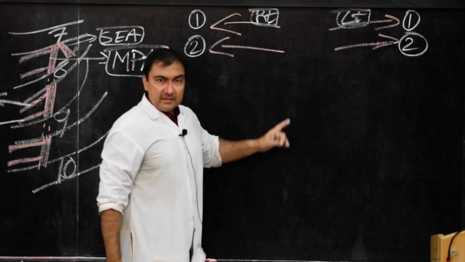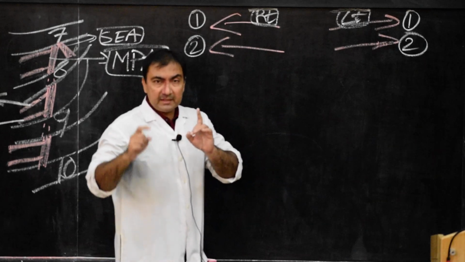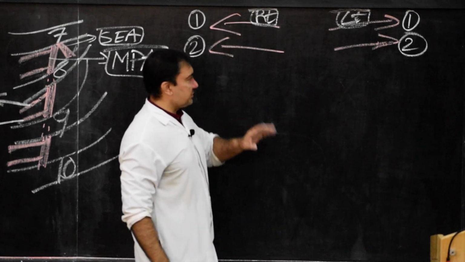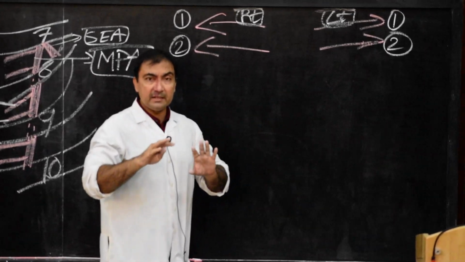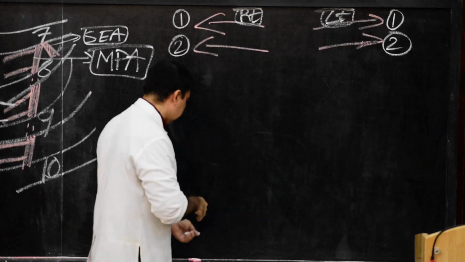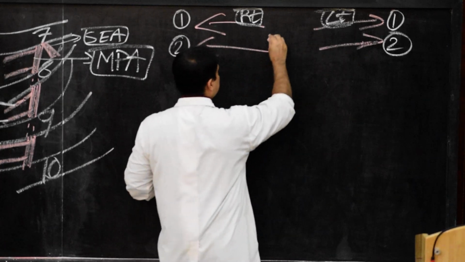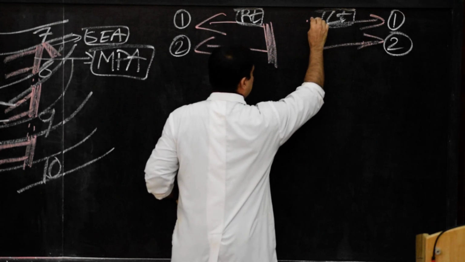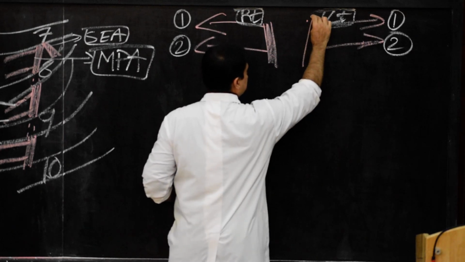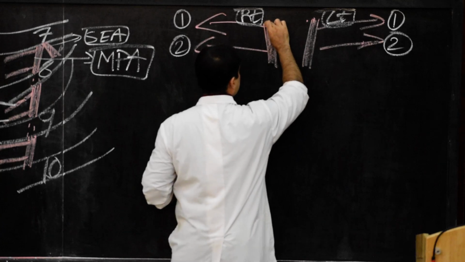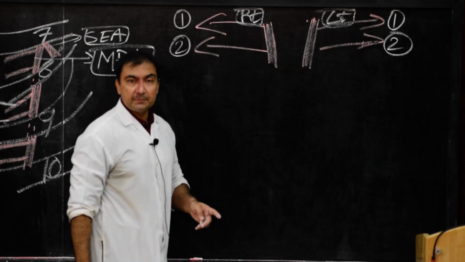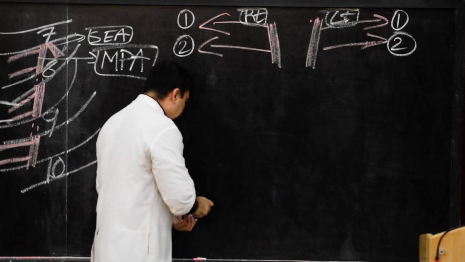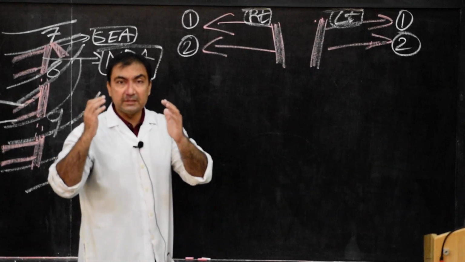Each space will contain only 1 posterior intercostal artery, and the first and second posterior intercostal arteries are derived from the superior intercostal artery. Here I will draw one stem, and this stem will represent the superior intercostal artery, which is a branch of the costocervical trunk, and that costocervical trunk is a branch of the subclavian artery.